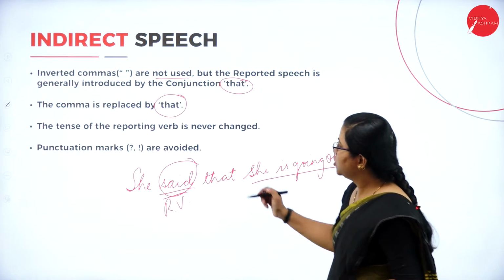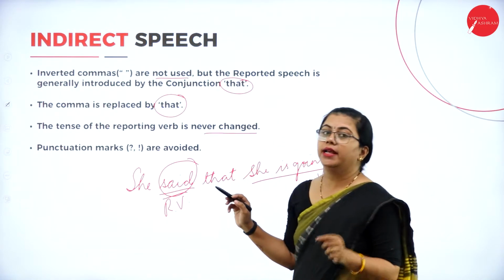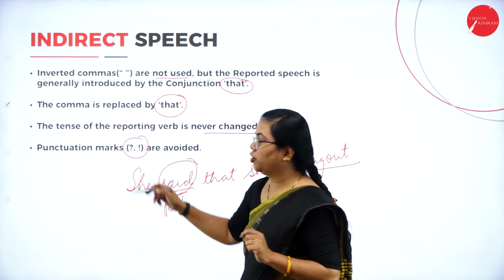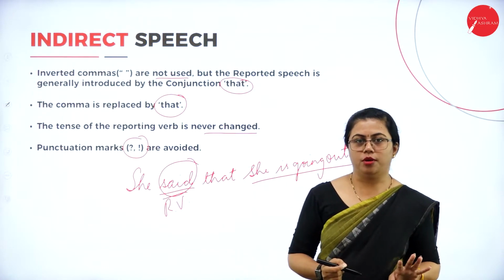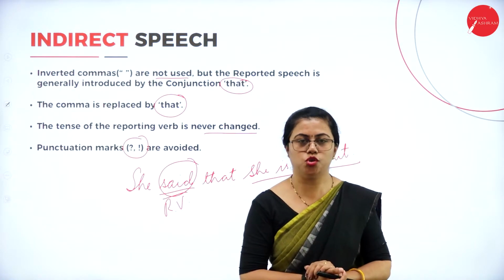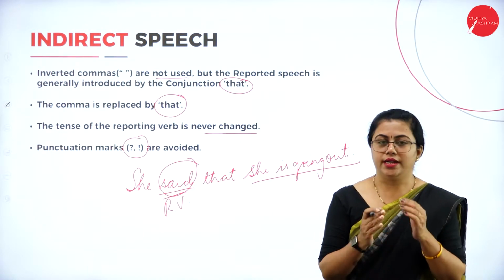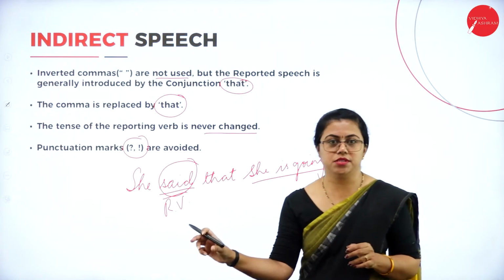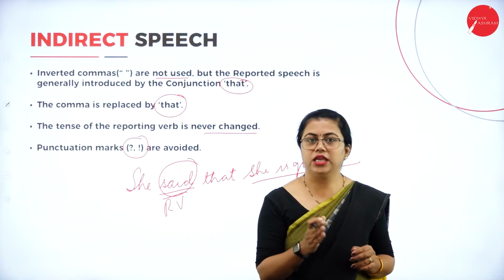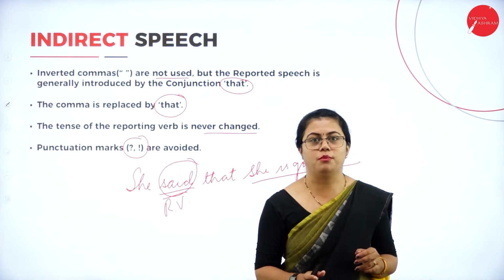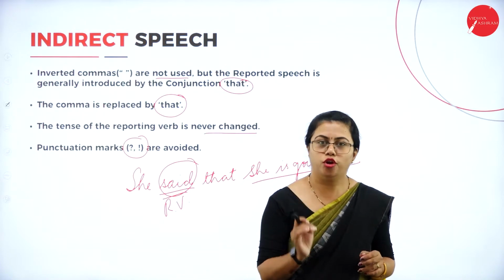So here the tense of the reporting verb is never changed, and punctuation marks are not at all used. Other than a full stop, there is no punctuation mark that is used in reported speech or indirect speech. Only if there is a list of items, you use a comma. Other than that, you will not use a comma.